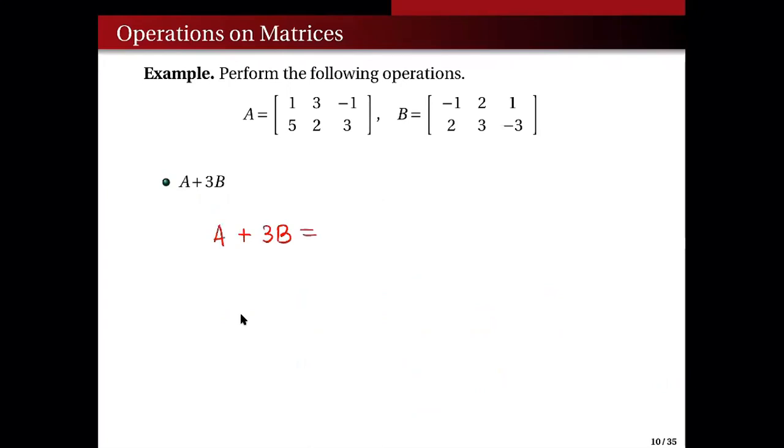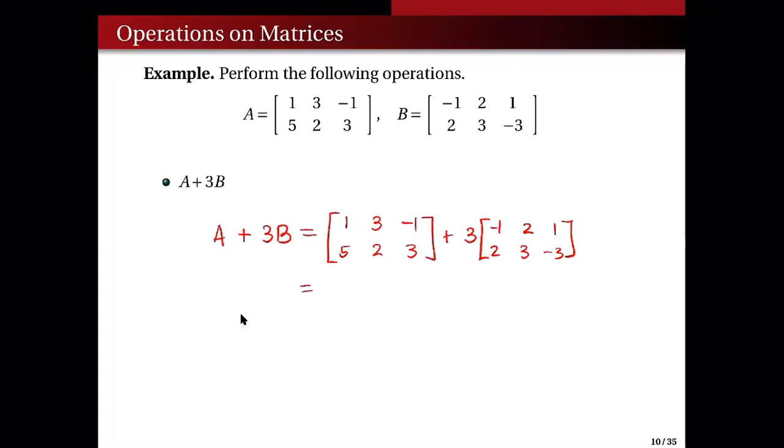So this is equal to A, it's 1, 3, negative 1, 5, 2, 3. And then plus 3 times the B. Minus 1, 2, 1. And then 2, 3, negative 3. It's totally fine. Okay?